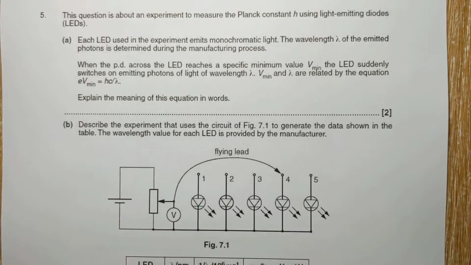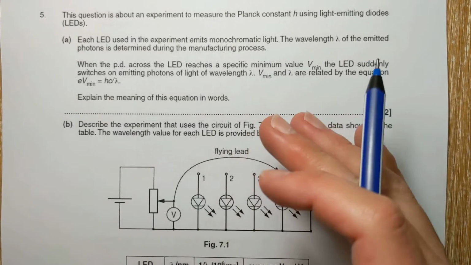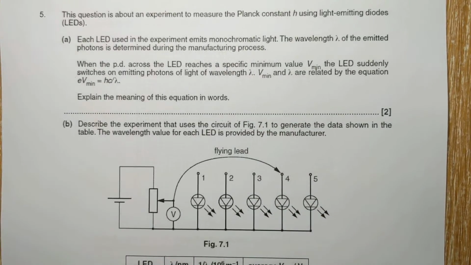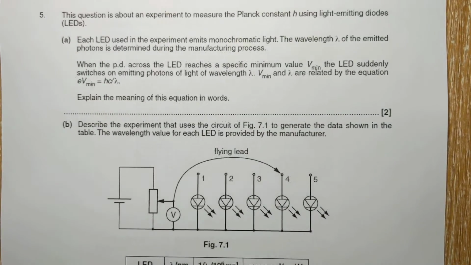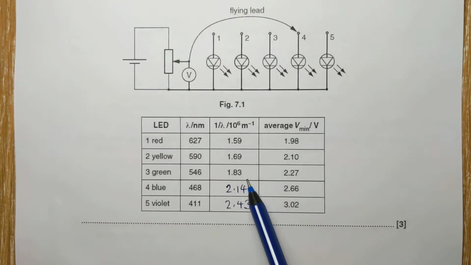Repeat it several times and take an average of the minimum voltage reading. 5. Repeat for each LED. 6. Shield the LED. Basically try to keep it in the dark so that it's easier to judge when the LED has just switched on. Any 3 of those. Next, you get 1 mark for getting both of those values right.